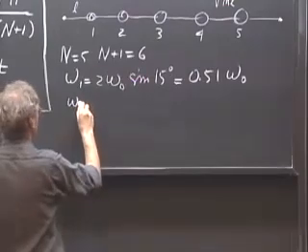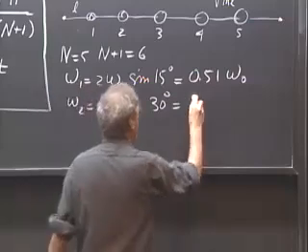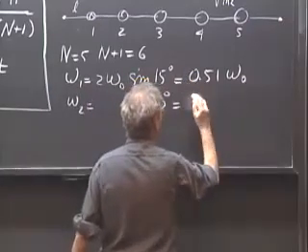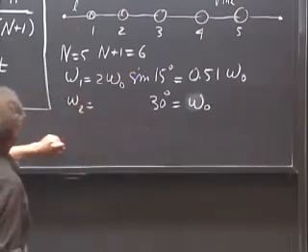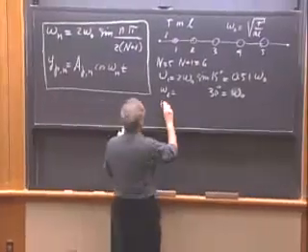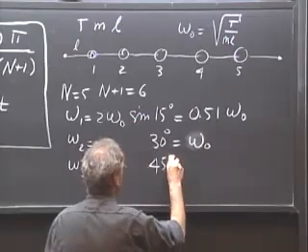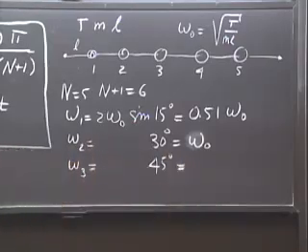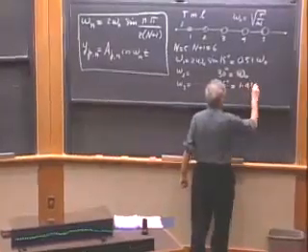I now go to omega 2, and I get the same thing, except I get 30 degrees. So I get 0.5. I get exactly omega 1, omega 0. Right? Because the sine of 30 degrees is 1/2, and that eats up this one. And I get omega 3. And now I get the sine of 45 degrees. And that is approximately 1.41, not exactly, but that is the square root of 2, so that is about 1.41 times omega 0.